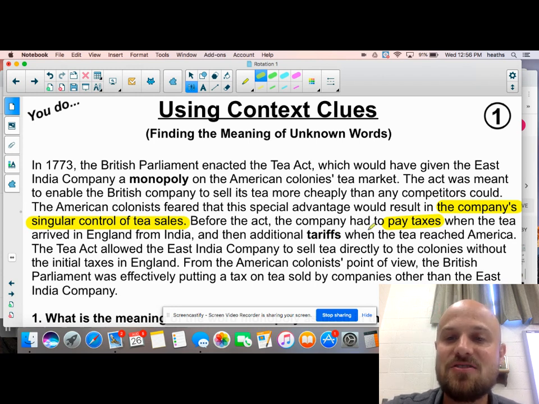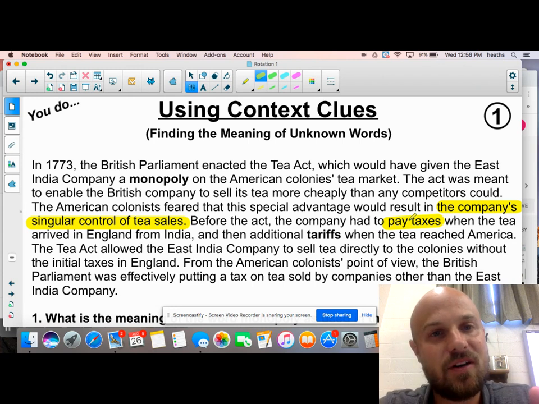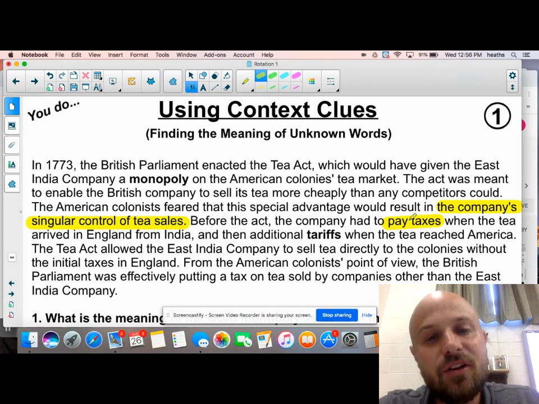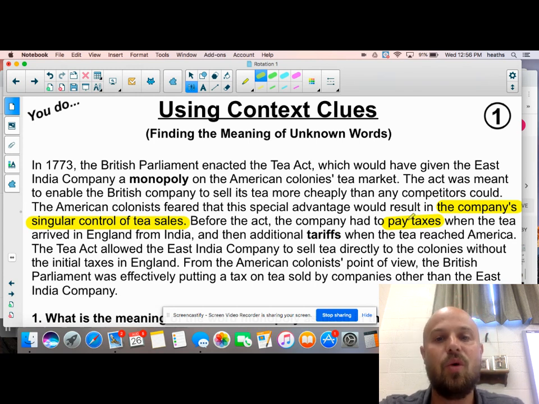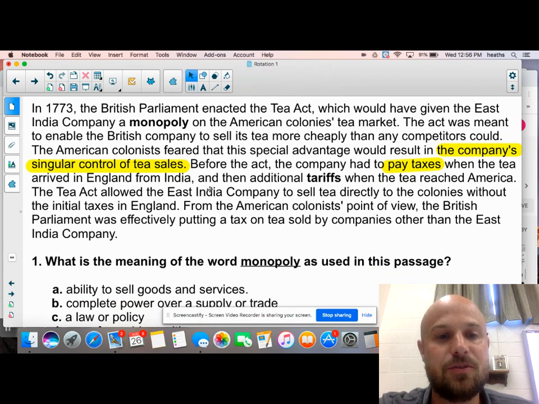So it tells you that tariffs is just another way of saying taxes. Again, context clues are just, rather than coming across a word and saying, gosh, I have no idea what that means, I'm just going to guess, look at those couple of sentences around it, and not every time, but many times, it will tell you what that term means if you follow your context clues.